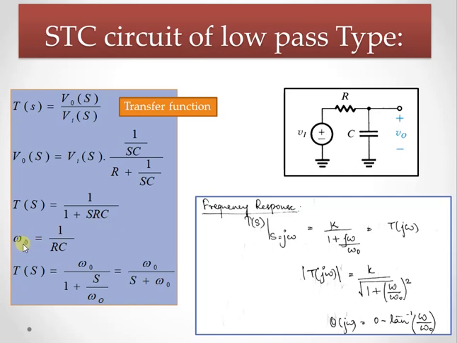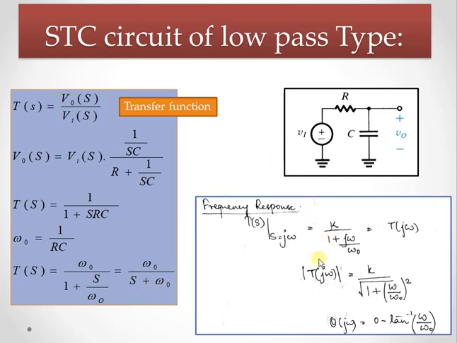The omega naught value, that is the corner frequency, is equal to 1 by RC. So I can rearrange the transfer function as omega naught divided by (1 plus s omega naught), or I can write it as omega naught divided by (s plus omega naught).